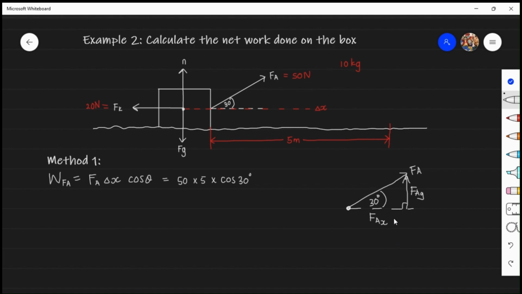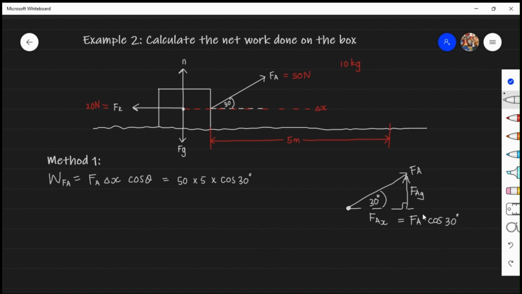Now, if we wanted to calculate the horizontal component, which is F A x, because it is the adjacent side, we would use the value of our applied force times cos 30 degrees, because cos deals with the adjacent side.